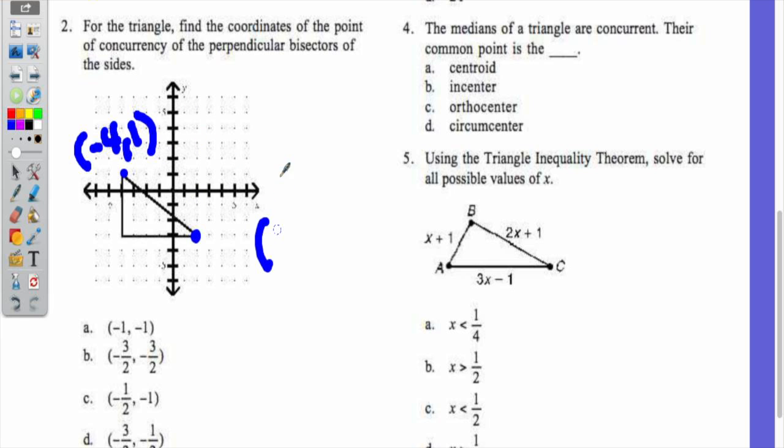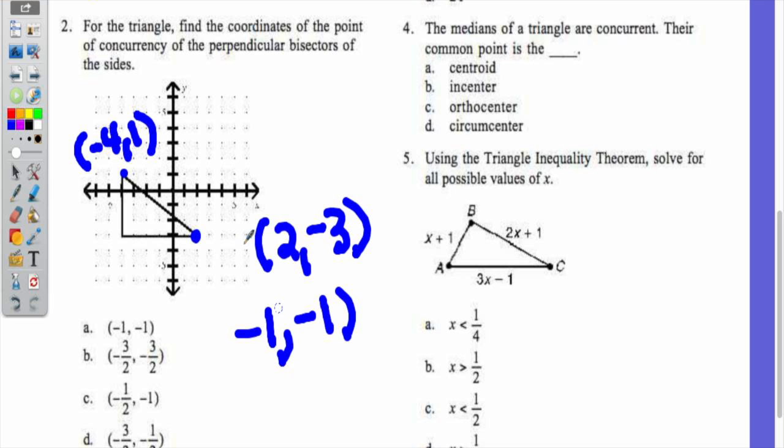This vertex is at 2, -3. If I add the x values, -4 plus 2 is -2, divided by 2 is -1. And then 1 plus -3 is -2. Divided by 2 is -1. So the answer is A.